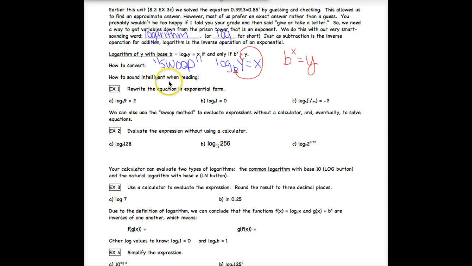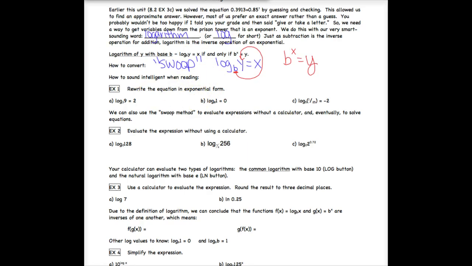Now, very important that you sound intelligent and that you use the correct terminology so that I know what you're talking about and anyone else you're asking a question to or clarifying things with knows what you're talking about. So when we read these, we don't have to say logarithm of y with base b every time because that sounds intelligent but really nerdy and over the top.